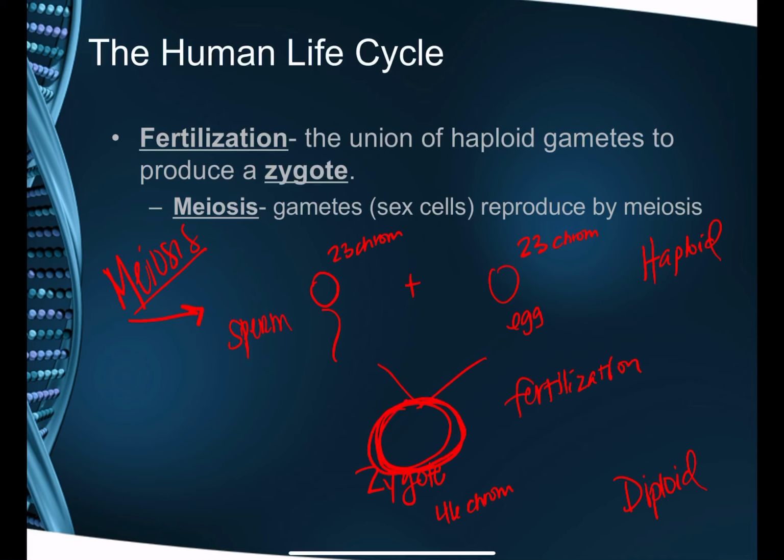We all started out as this one zygote cell, and that cell will go on and divide by mitosis, because mitosis is responsible for growth and development. And so this was our one cell that we all started out as, that came from our dad's sperm and our mom's egg, and it divides and divides through mitosis to become a baby, and then a child and a teenager, okay? And so that is the human life cycle.